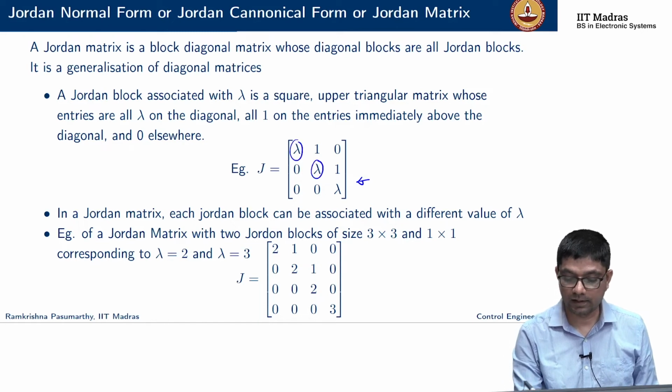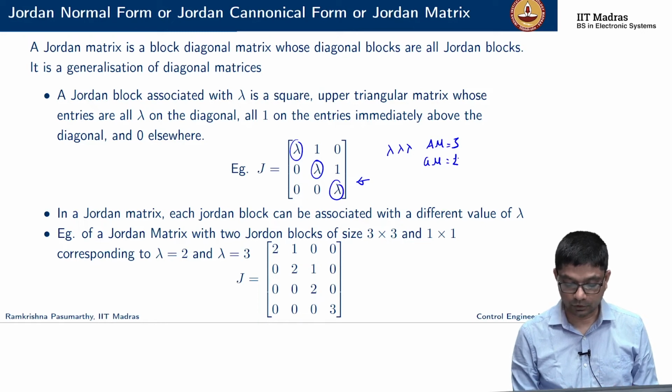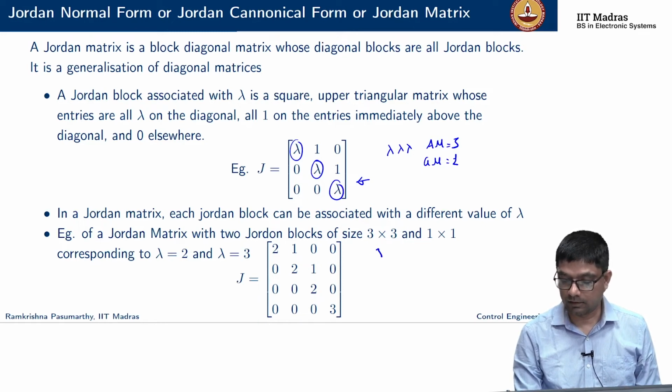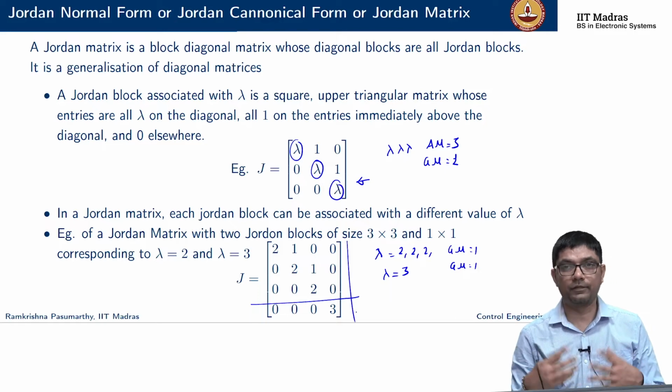So I'll have here lambda, lambda, lambda with algebraic multiplicity equal to 3, geometric multiplicity equal to 1. Now if I also have, say, lambda is 2, 2, 2 with geometric multiplicity 1, and another lambda which is 3 with geometric multiplicity equal to 1, my blocks just populate in this way, and we can cook up several examples.